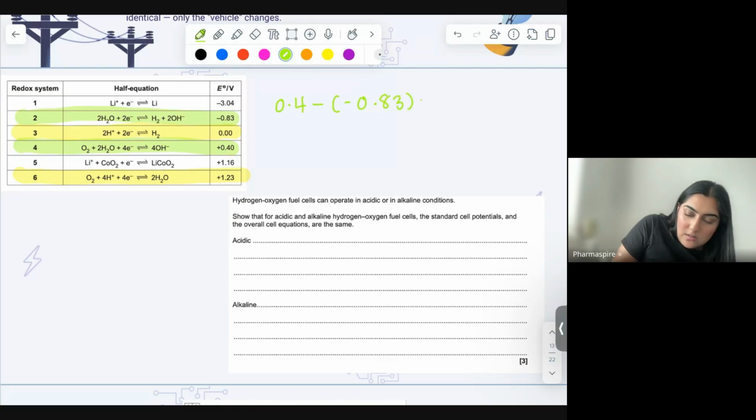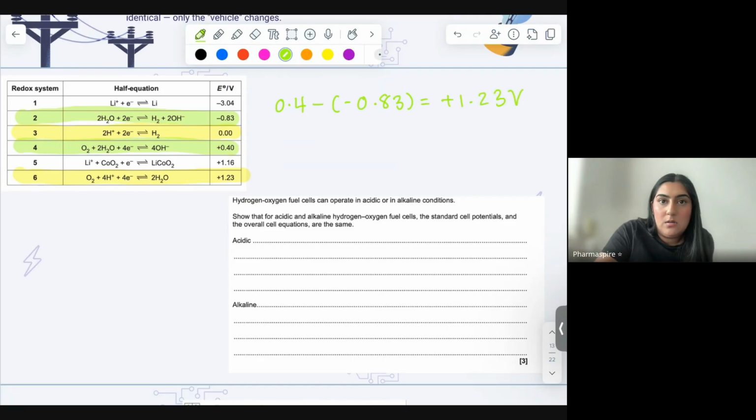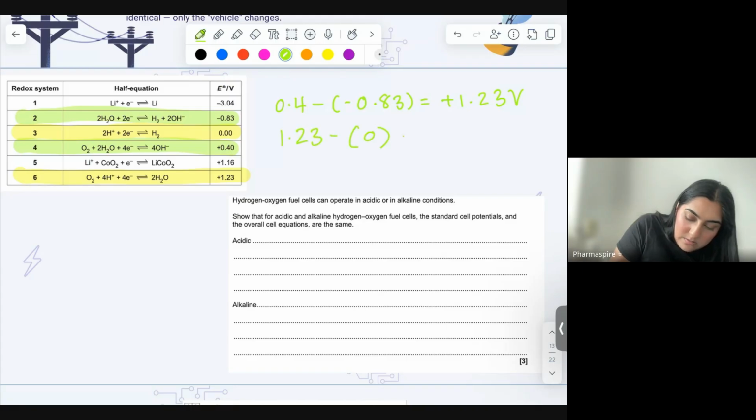So you get plus 1.23. So that's 1 mark done. What about the yellow? 1.23 as well. So you're proving there that they both have the same overall cell value, right? So if you're confused with that, obviously 1.23 minus 0 is 1.23. So that is also that one done.